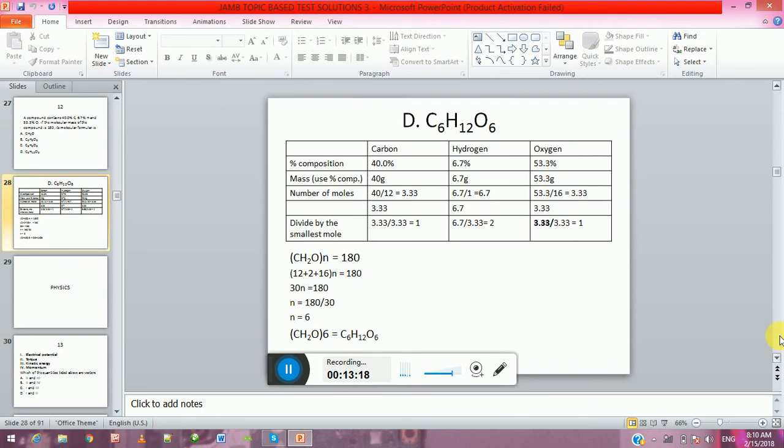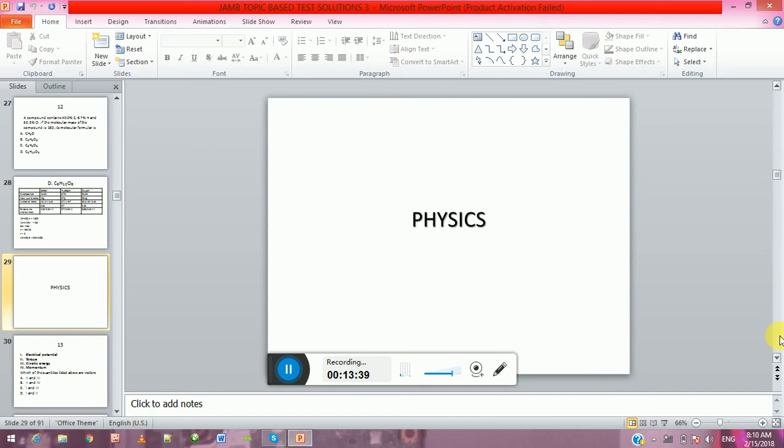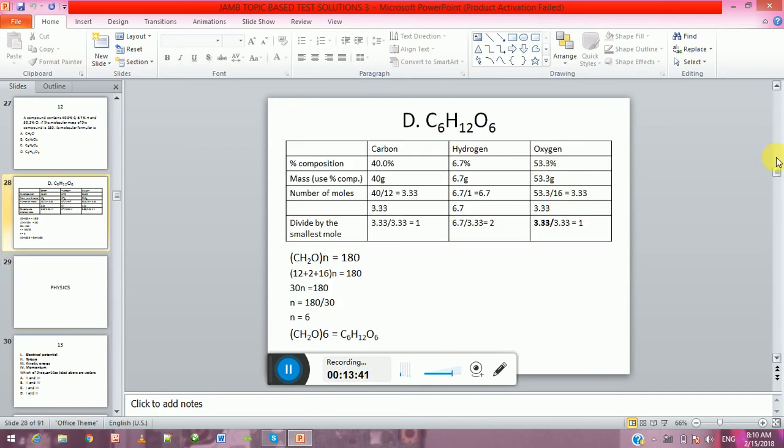If you make a simple table like this, you can solve this from the formulas that we've given in the class. The answer is actually C6H12O6. Now, first of all you check the percentage composition of the various elements we are given.